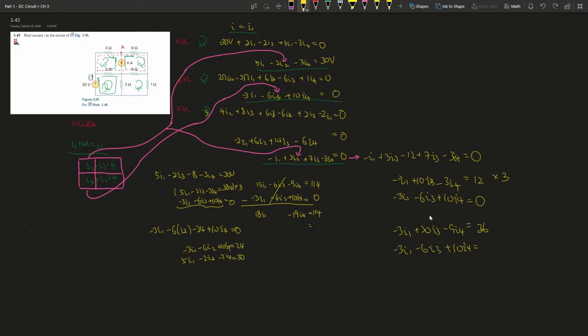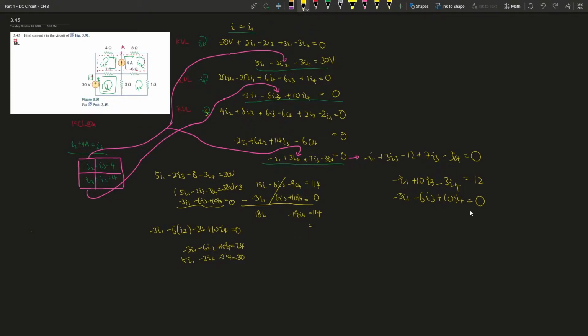What I should do is this. Instead of times by 3, I should get rid of I3, and then here's I1 and I4, and I can use these two equations to solve one of them. So what I should do is find the common factor of 6 and 10.